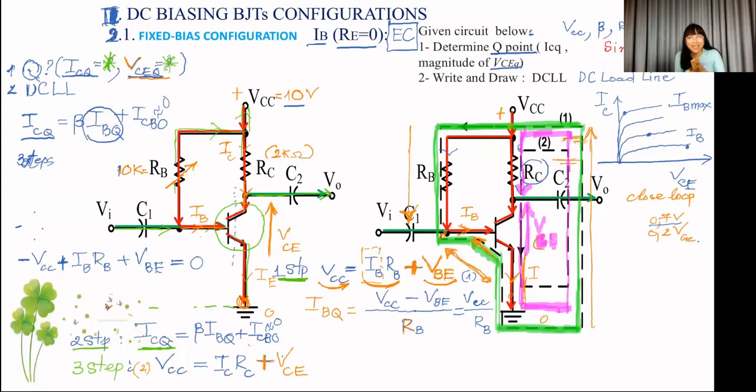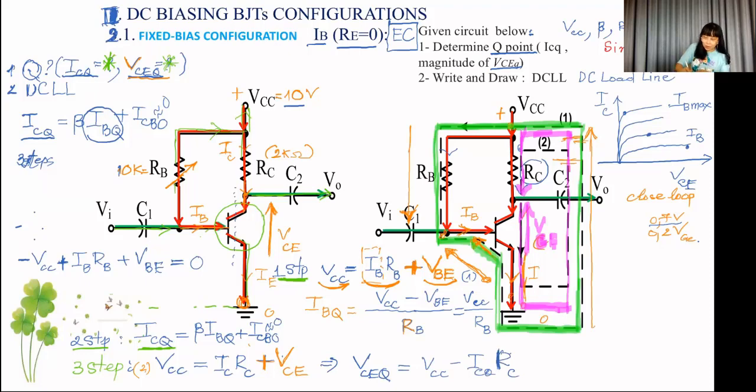In this equation, you can see we have the output current, we have the output voltage, and in this, you can find out VCEQ. This is one point on this equation. VCEQ is equal to VCC minus ICQ RC.